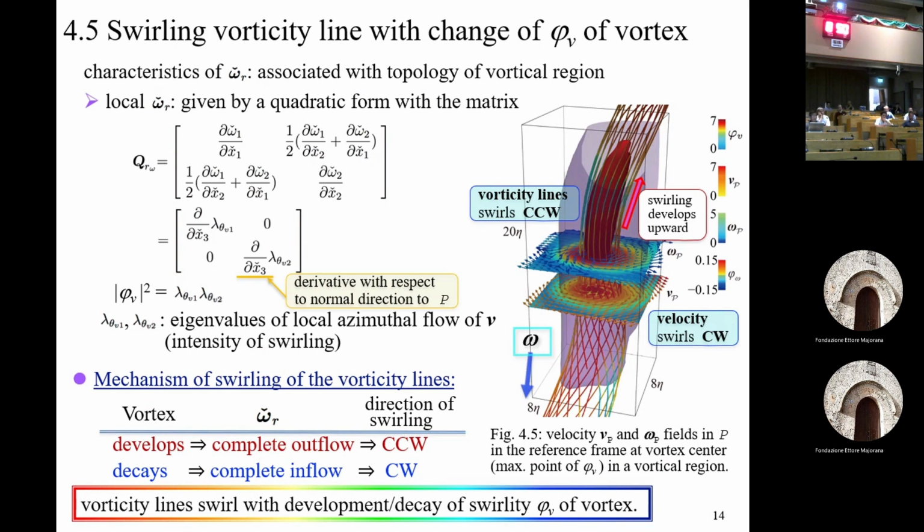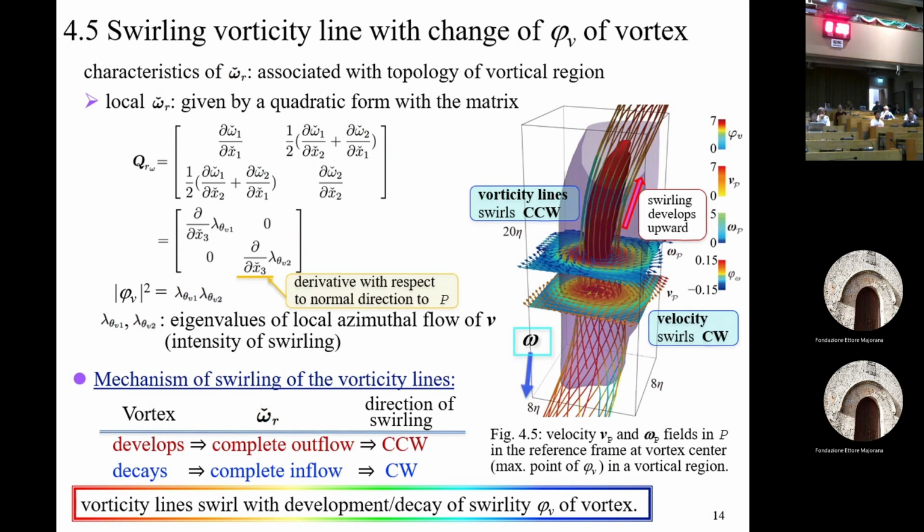So if the vortex developed upward, and this component has positive values, then the radial component of the vortex vector has a complete outflow. Then it has a vortex stretching effect to swirl counterclockwise.